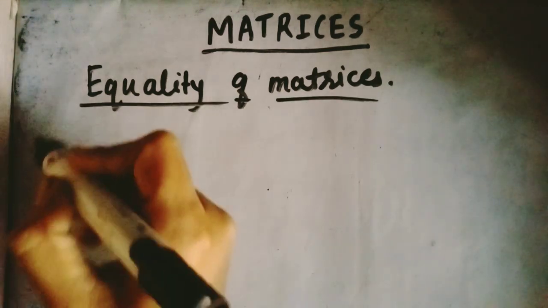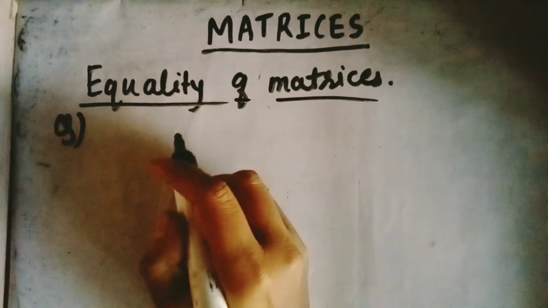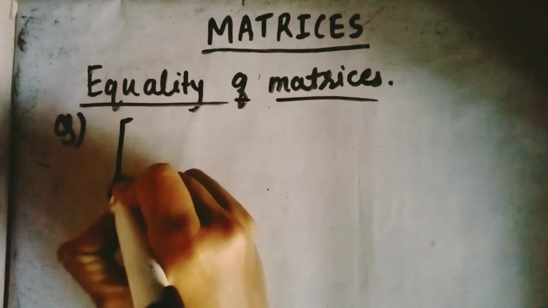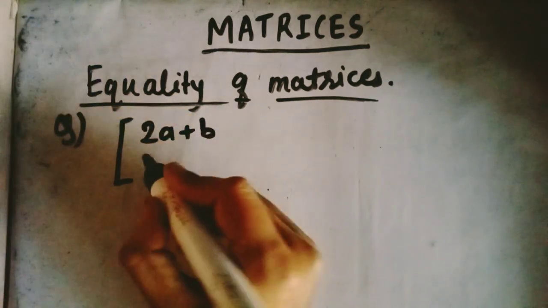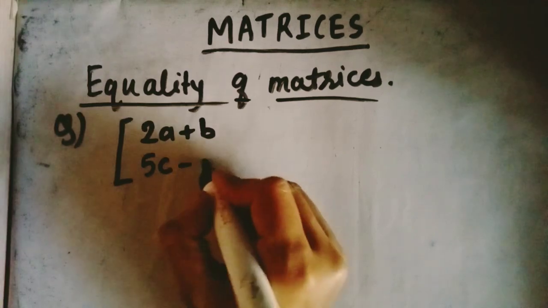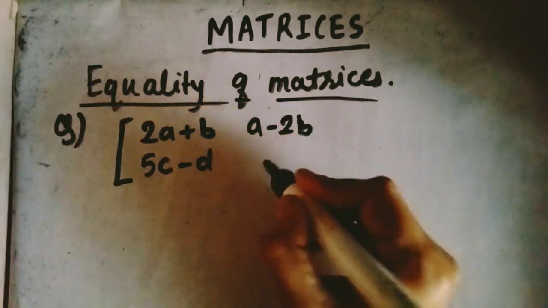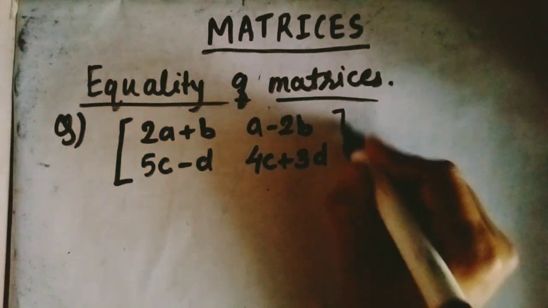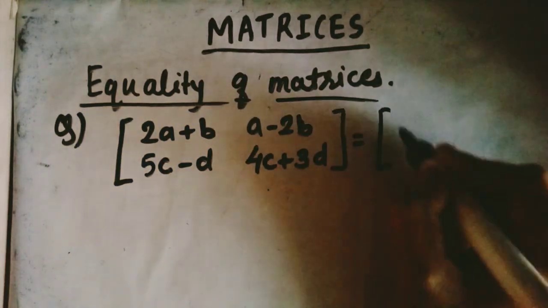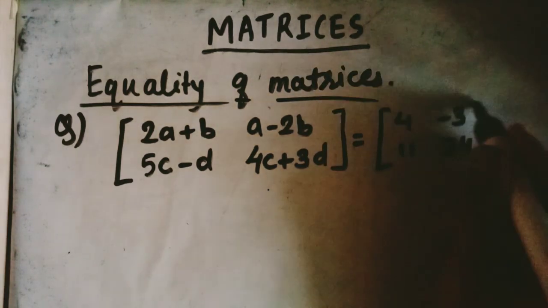The question is you have to find the values of A, B, C and D from the following equation, where the matrices are given: 2A plus B, 5C minus D, A minus 2B, 4C plus 3D equal to 4, minus 3, 11, 24.